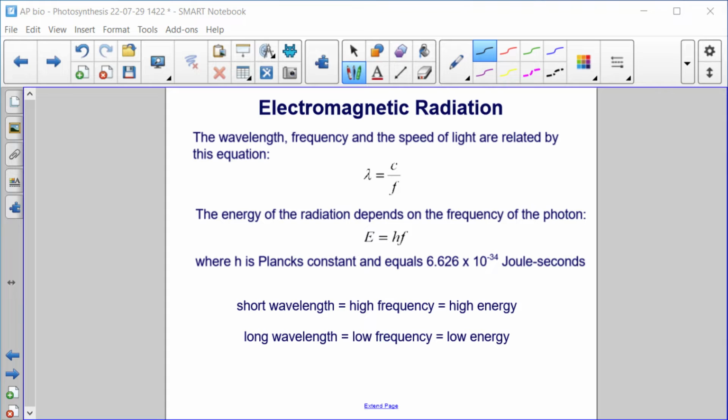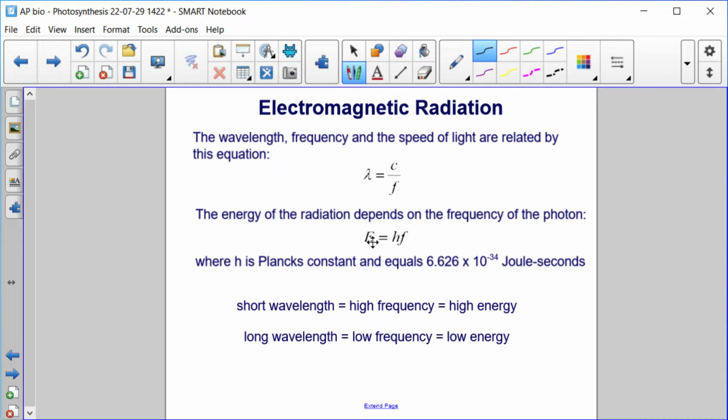The wavelength, frequency, and speed of light are related by this equation, where the wavelength, lambda, is equal to the speed of light, c, divided by the frequency, f. The energy of the radiation, or how much energy the photon has, depends on the frequency of the photon.